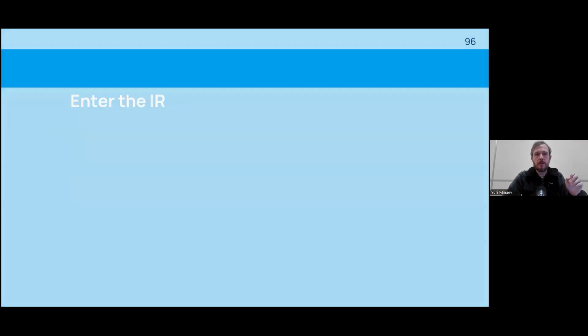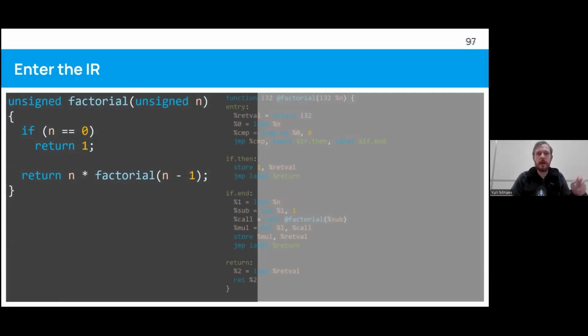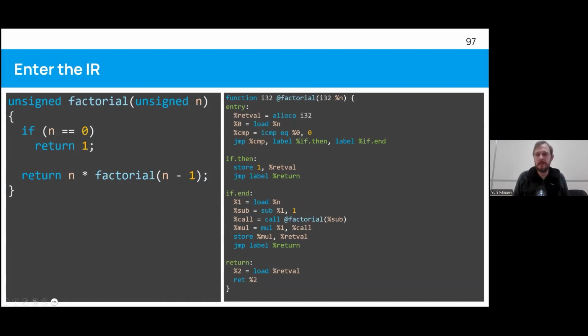Okay, so for our factorial function, the IR will look like that. Well, it's a big thing, really, kind of. And if you look at it, you might see similarities to the assembly language.